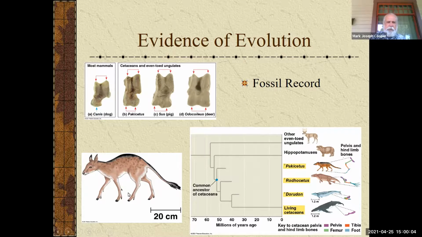This is a fossil artist rendition of a fossil record from an even-toed. And so you can see most mammals have this double, even-toed ungulates up on top. And then the change maybe on the bottom where you have one or two. But anyway, so these are all kind of lumped together, showing that whales are more closely related to pigs and deer than they would be to anything else.